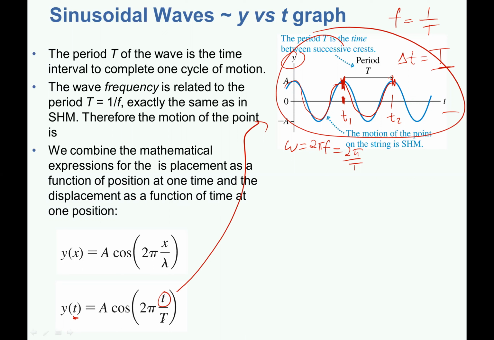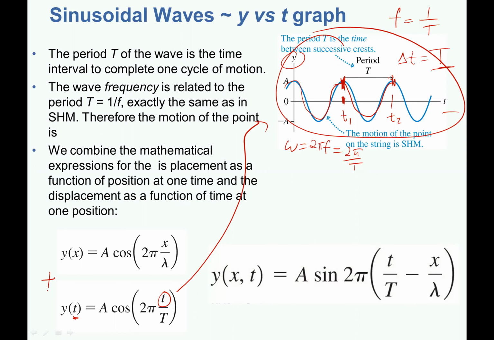Okay. Now, since we have two graphs representing the same phenomenon, two equations, we are combining them, and we get this giant equation. This is y as a function of both position and time. This uses one of those trig identities where you combine cosine and cosine and you get a sine function.